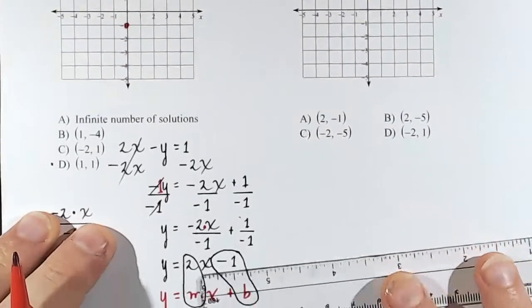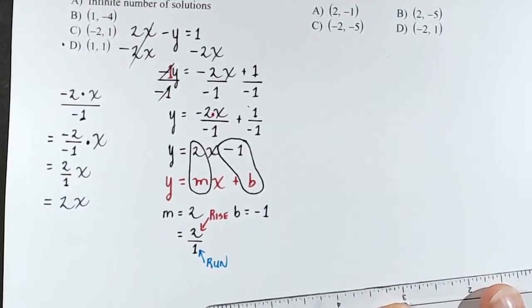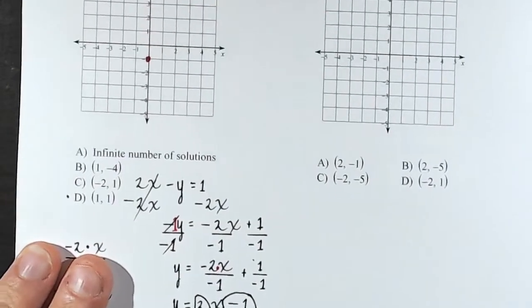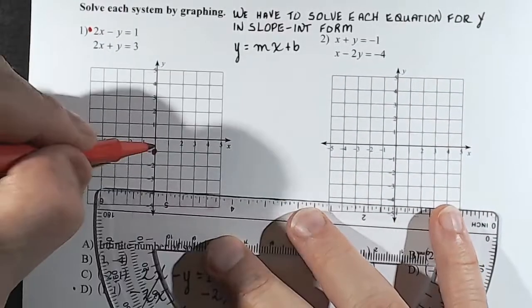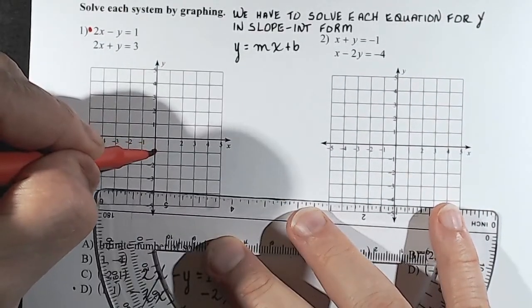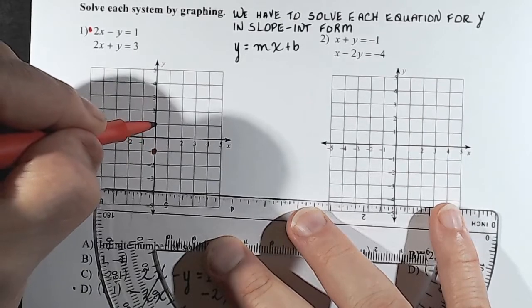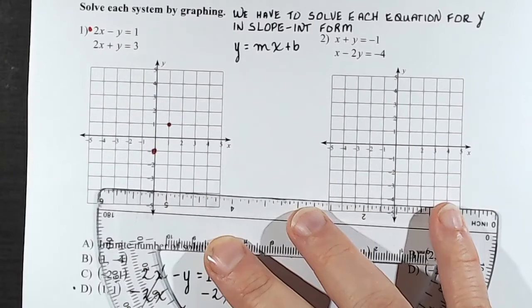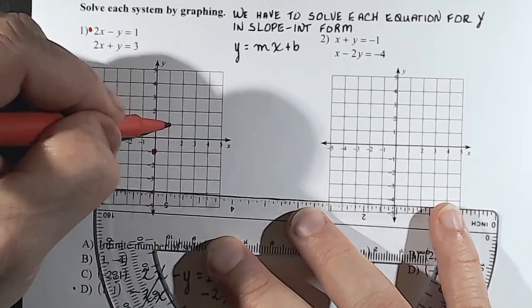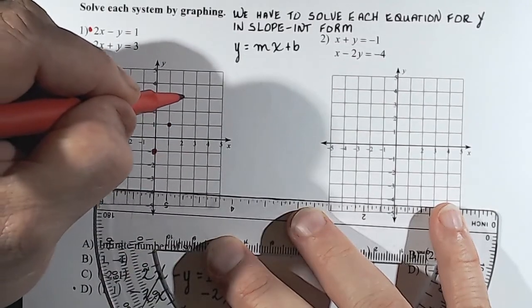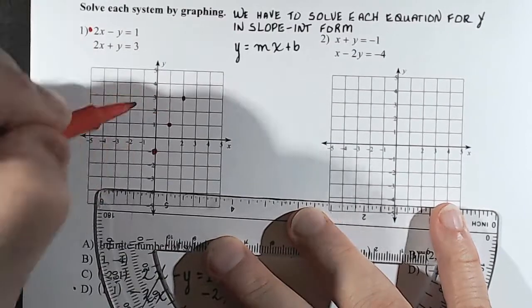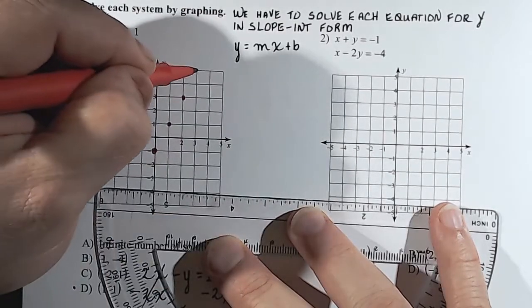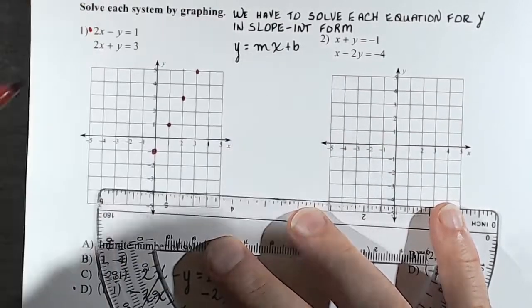And now we're going to use the rise over the run form of our slope to find the next point on the line. So I will start at the y-intercept and then go up 2, over 1 to the right, and I'll put a dot there. And I can find more points by going up 2, 1 to the right, put a dot there. Up 2, 1 to the right, put a dot there.